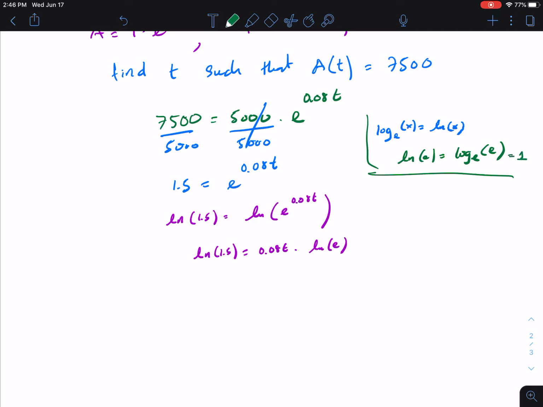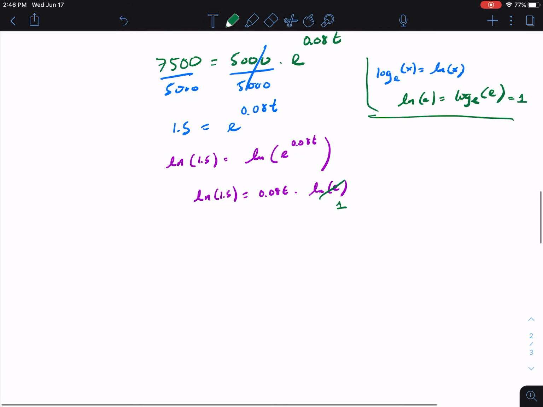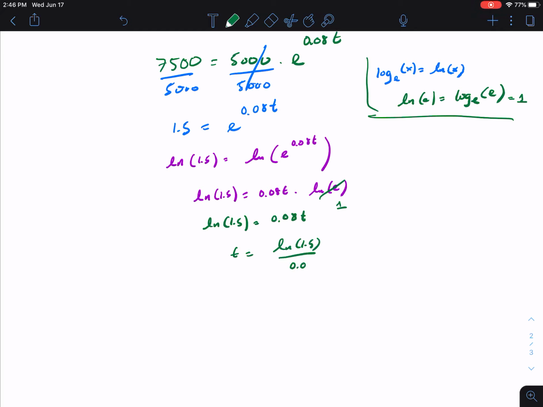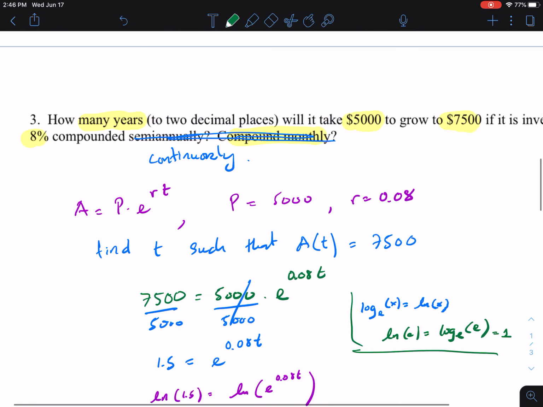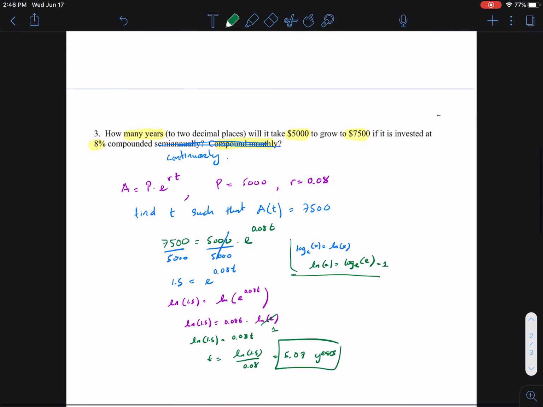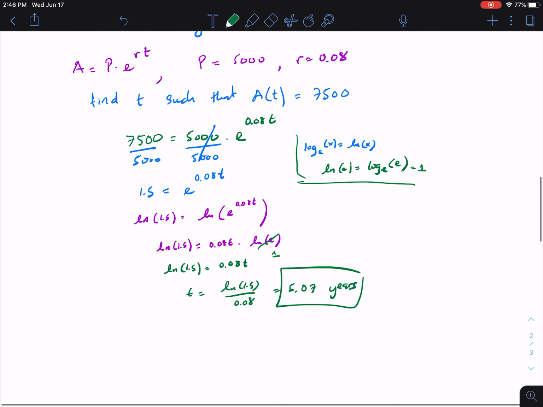So we have ln of 1.5 equal to 0.08 t. Divide both sides by 0.08. So we have t equal to ln of 1.5 divided by 0.08. That would give us 5.07 years. So it takes about 5.07 years for $5,000 to grow into $7,500 if it's invested at 8% compounded continuously.